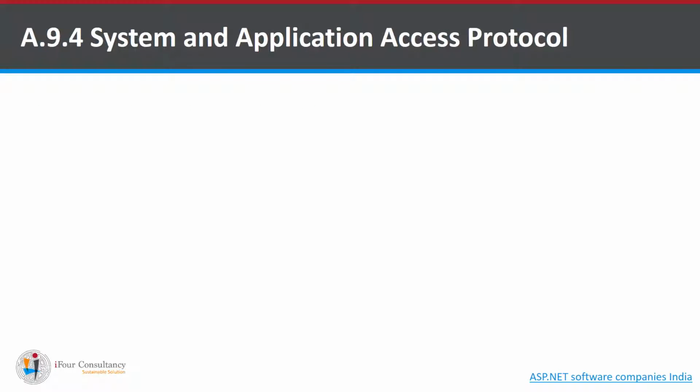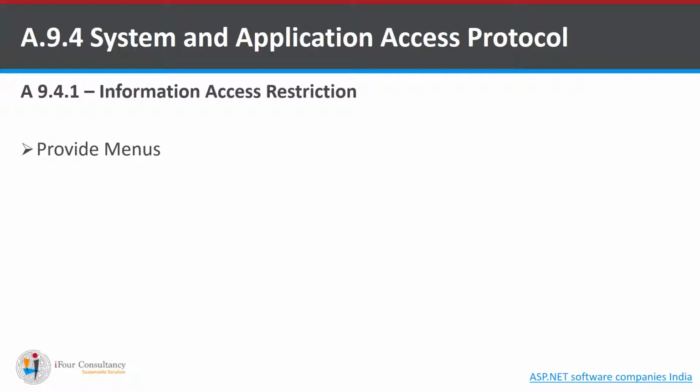Now, the first control for A.9.4 is information access restriction. It states that access to information and application system functions shall be restricted in accordance with the access control policy. It means that you need to provide menus, and in that menu not all the tabs can be used by all the users.